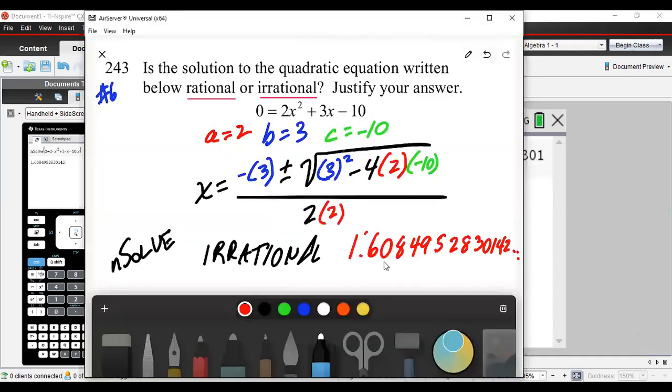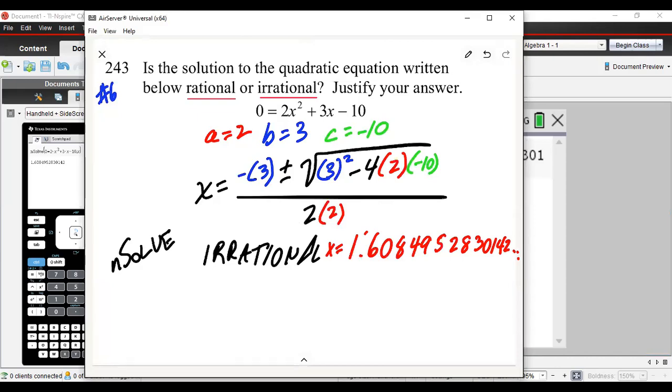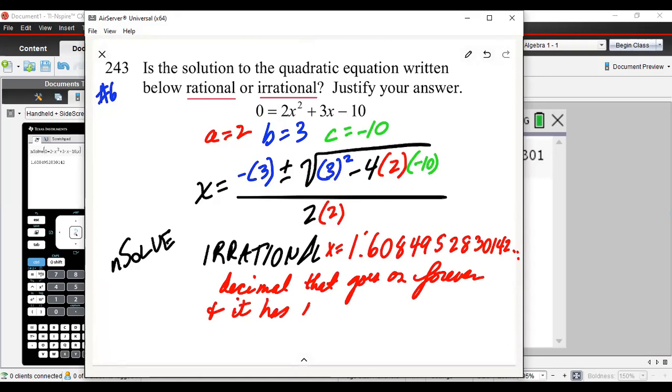On the iPad, I said that x equals, and I put that number because I wanted them to see this is a decimal that goes on forever, and it has no repeating pattern. All right, so this is 2 points.